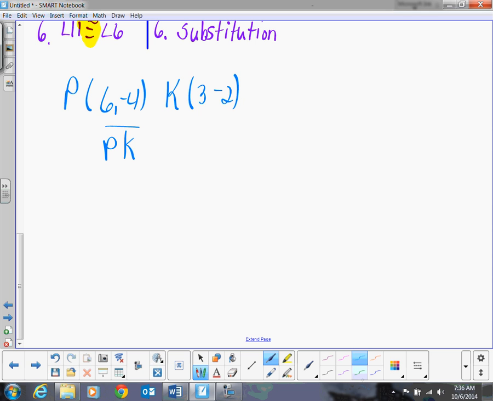Then you've got ordered pairs (negative 11, 5) and (negative 9, 8). This is W, this is N, and we're talking about segment WN. How do you find the slope of WN? How do you find the slope of PK given 2 ordered pairs?